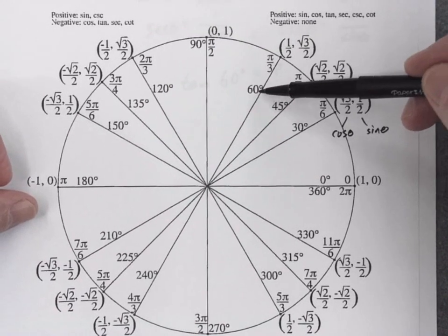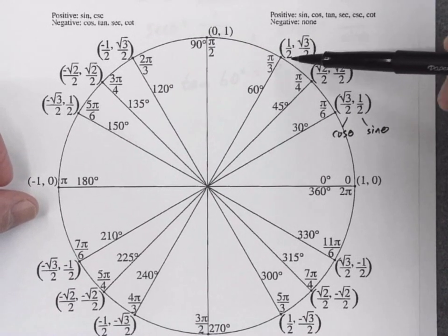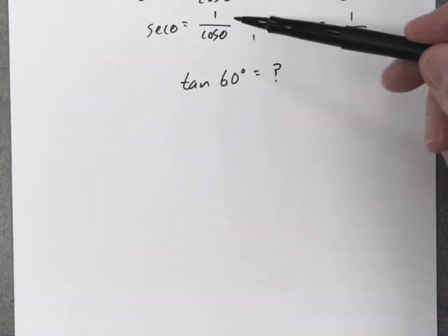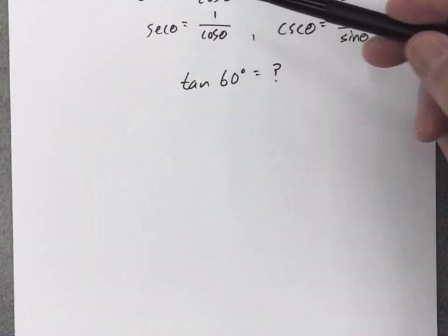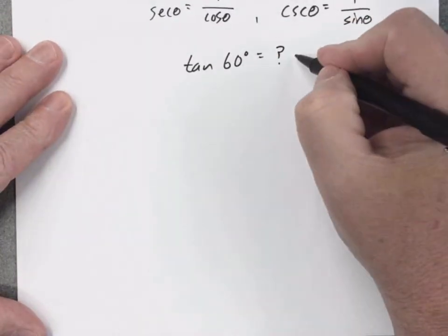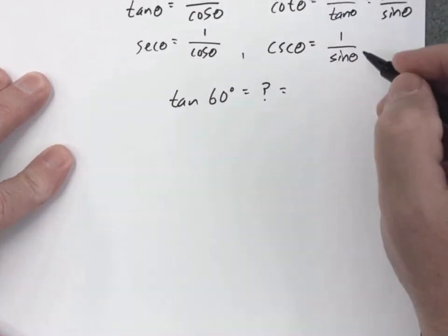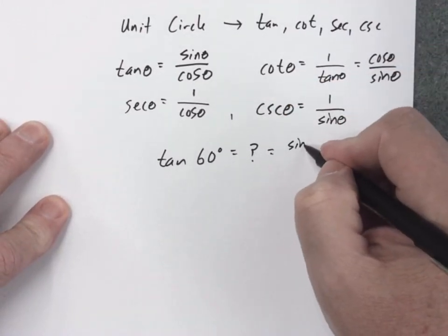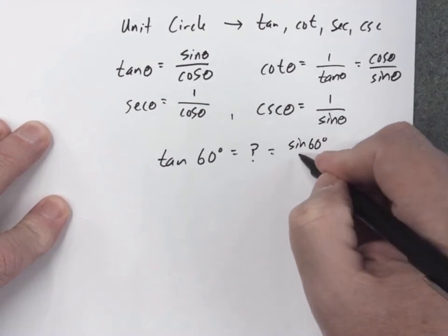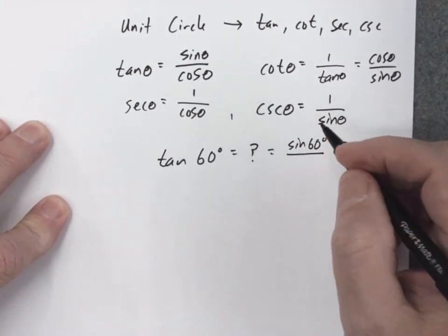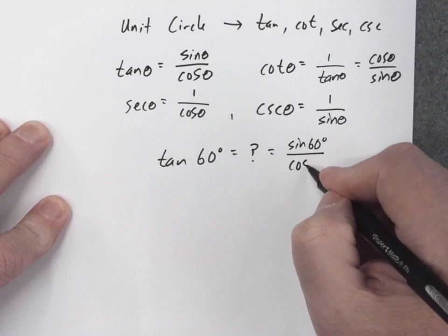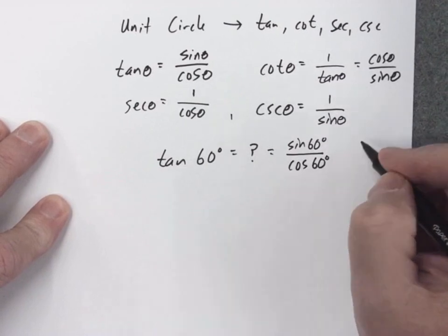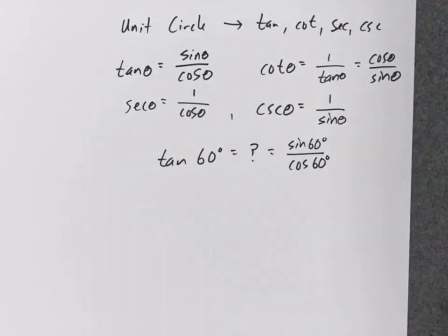How can I get the tangent? Well, I'm going to use this property right here. The tangent of a 60-degree angle is the sine of a 60-degree angle over the cosine.